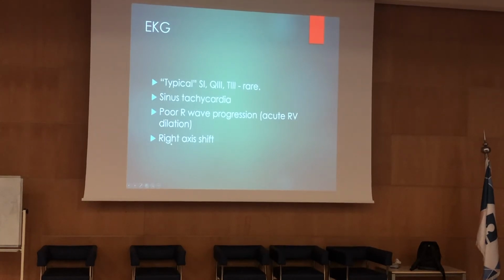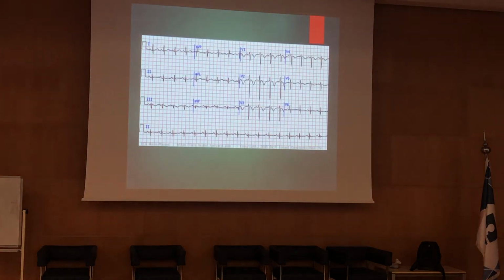And there is also right axis deviation. I think you're going to take right axis deviation and left axis deviation in a separate lecture. What does that mean? That means there is a deep S in lead 1 and aVL, and this defines right axis deviation.